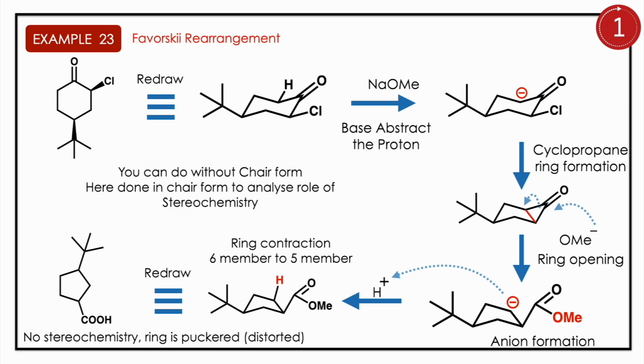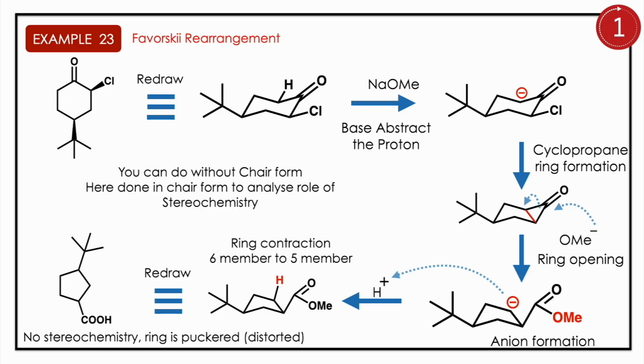You have an alpha hydrogen, an alpha chlorine, and sodium methoxide. So Favorskii rearrangement. The first step will be abstraction of a proton. Form the anion. The anion is the nucleophile which attacks the chlorine carbon. Why? Because chlorine is a good leaving group. Form the cyclopropanone, a strained system.